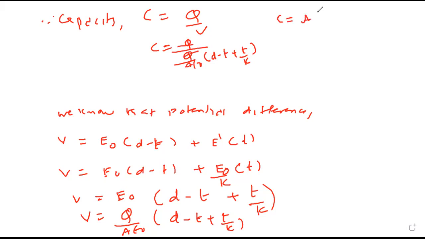So C becomes A epsilon naught upon D minus T plus T by K. Right. So whenever there is a dielectric of thickness T, value K, then capacity becomes A epsilon naught upon D minus T plus T by K.